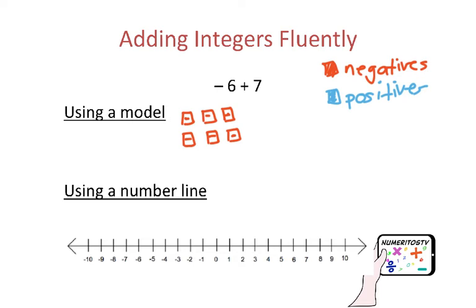And then I have 7 positive tiles, so I'm going to use another color. So 7 positive: 1, 2, 3, 4, 5, 6, 7 positive tiles.